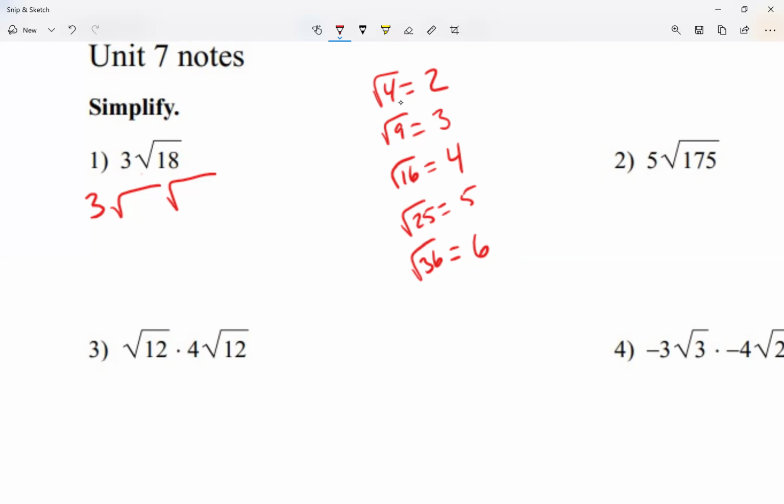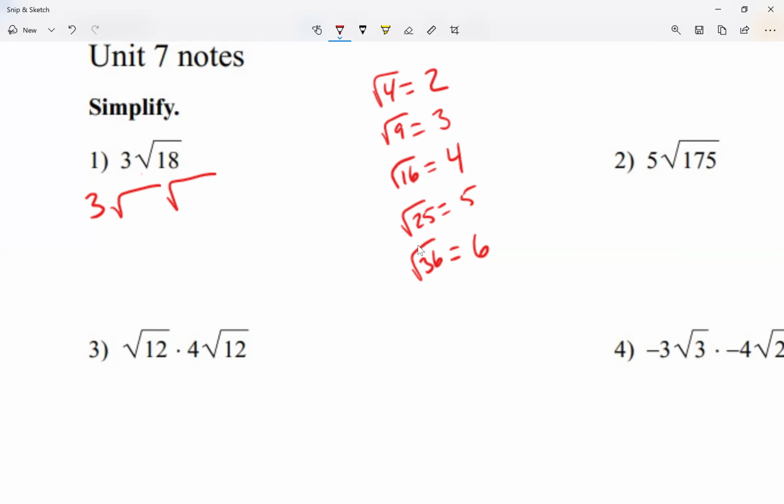So it could be 4, 9, 16, 25, or 36. I know many people say, how about 6 times 3? No, that's not a good choice because the 6 and the 3 are not on the list.